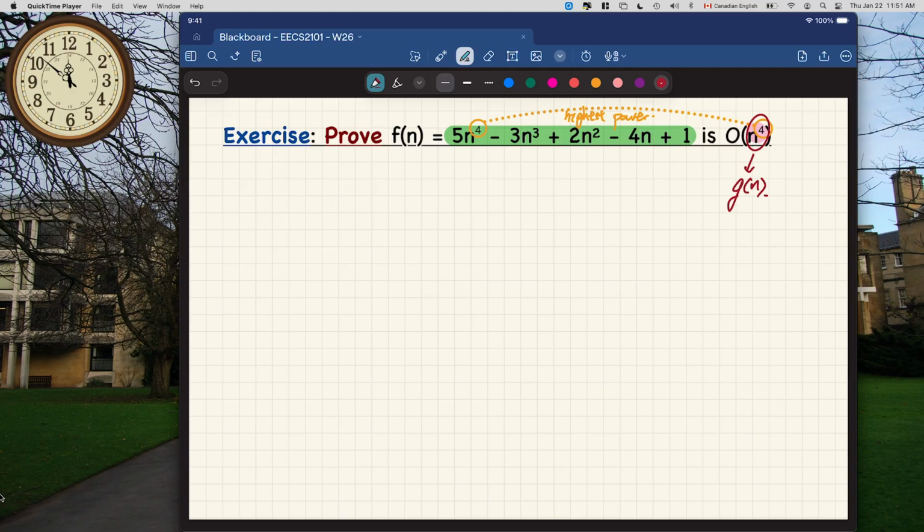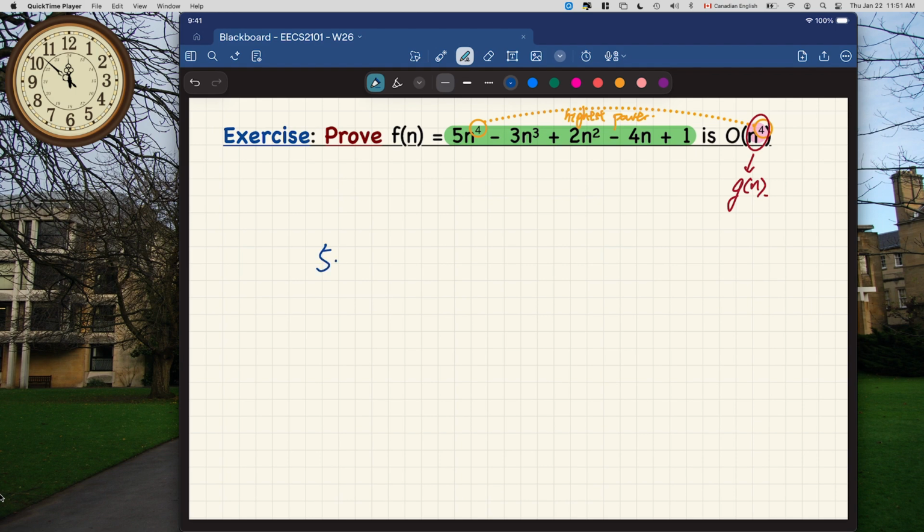Okay, let me write it down again, and then we'll see how we can prove it. First of all, you don't really have to sort a polynomial by degree always. But this way, what's given to you is already sorted.